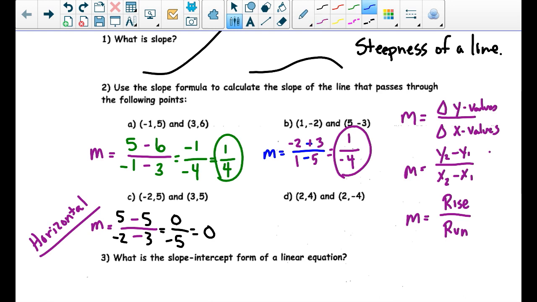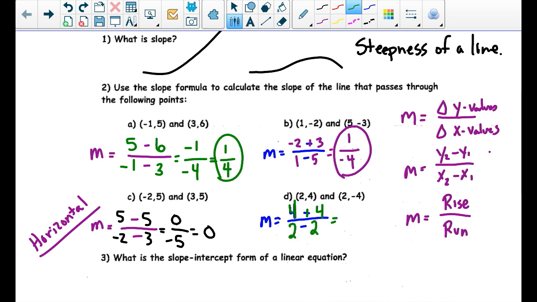And then letter D, so again, set it up and plug it in. y values 4, and negative 4, which becomes plus 4, and then 2 and 2.